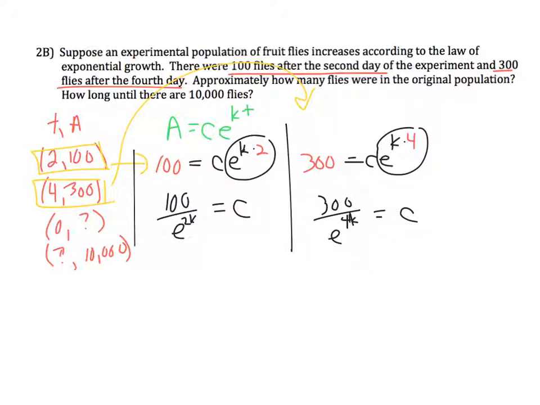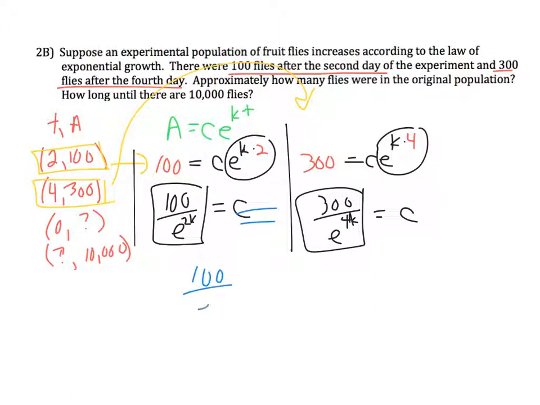So I'm using substitution if you're thinking in terms of system of equations, and I now have C equals this and C equals this. Therefore, those two quantities have to be equal to each other. So I'm going to take 100 over e to the 2k and set that equal to 300 over e to the 4k, essentially substituting one in for C.